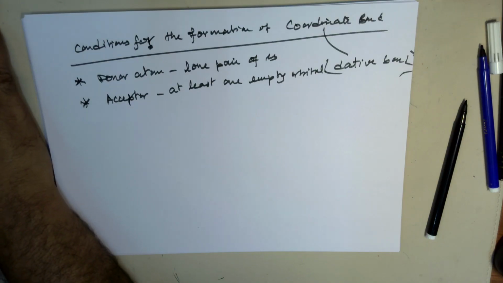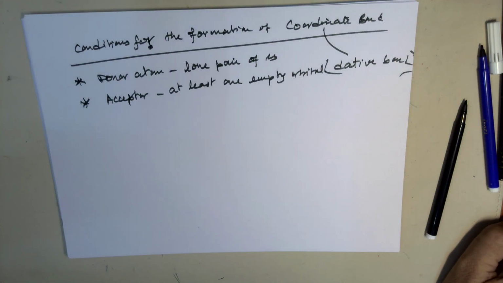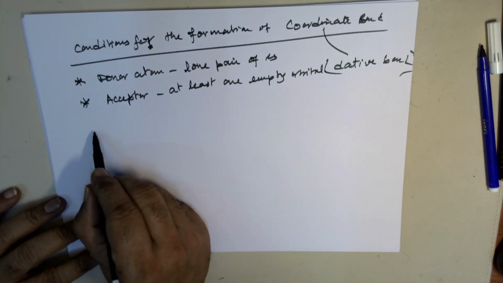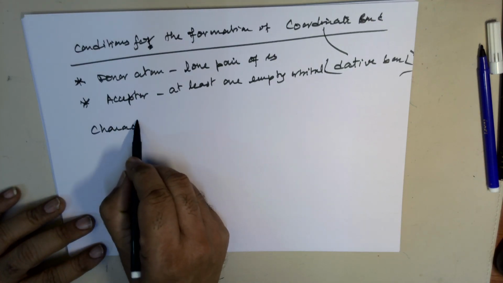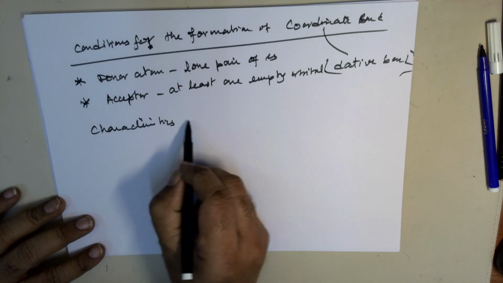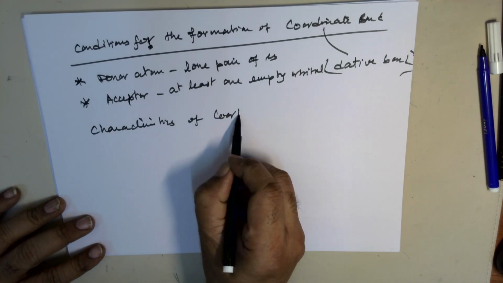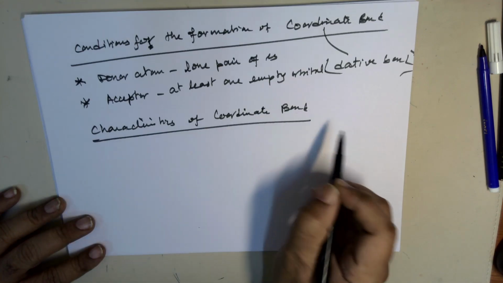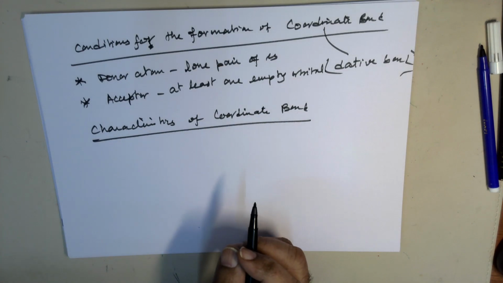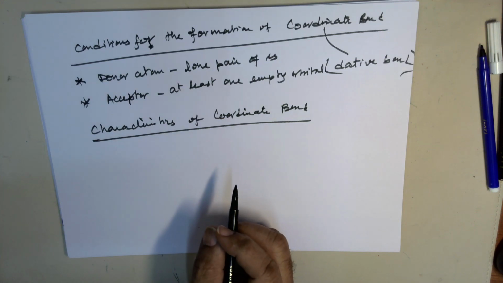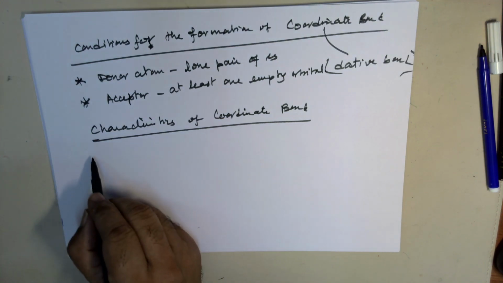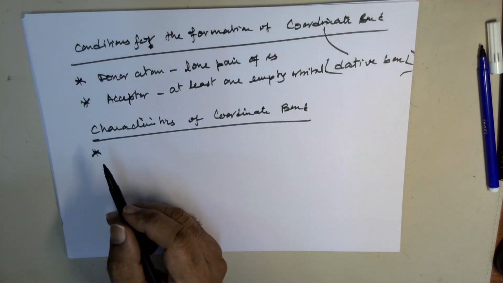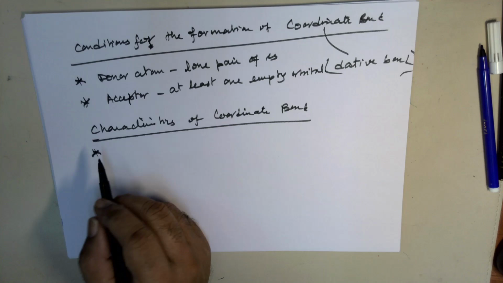What are the characteristics of coordinate bond? Point number one.